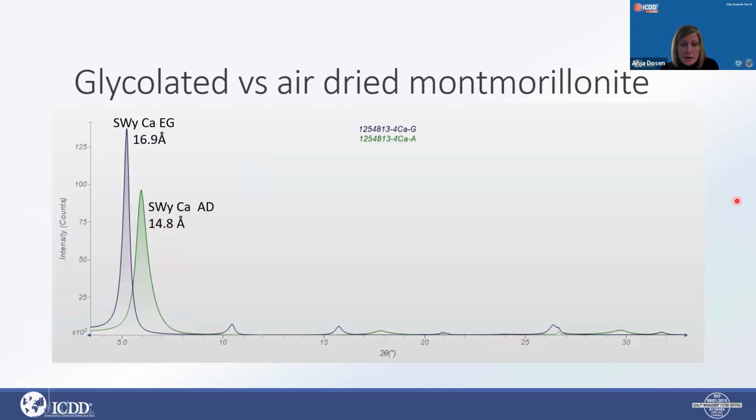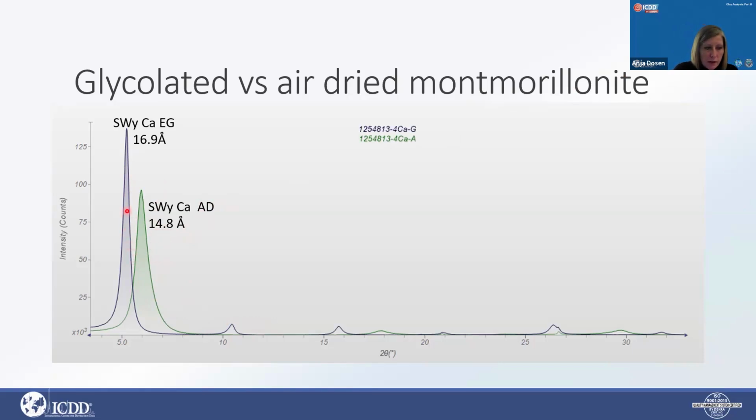And this is how that looks on the diffraction pattern. We've seen this before, but now I'm pointing it out again. We have montmorillonite clay that swells, a very highly expandable clay, and we're seeing a green diffraction pattern of an oriented, air-dried montmorillonite, and the D spacing is 14.8 angstroms.